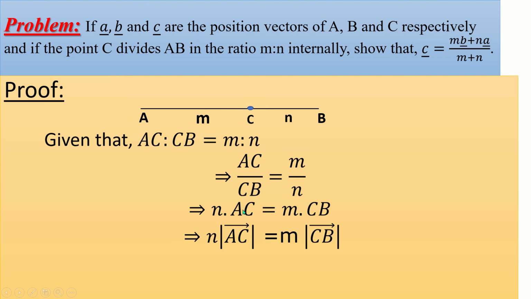So we can write the absolute value of AC vector and the absolute value of CB vector. Here use vectors. Their directions are the same, that means from A to C and C to B. As their direction is the same, the signs are the same. That means n into AC vector equals m into CB vector.